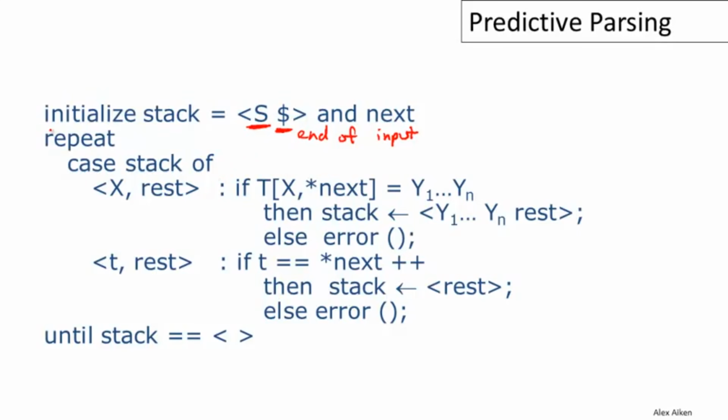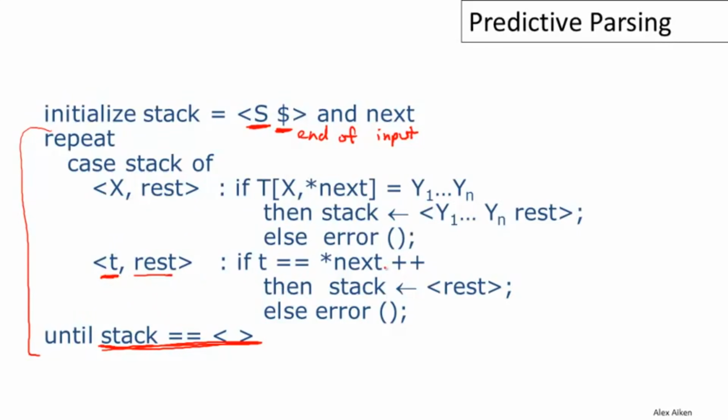And now we're in a loop, so we're going to repeat the following moves until we can't repeat them anymore, until the stack is empty. Okay, and there's two possible moves. Let's do the terminals first. So let's say the top of our stack is a terminal. So here we're dividing the stack into the top of the stack and the rest of the stack. So what are we going to do if the top of the stack is a terminal?